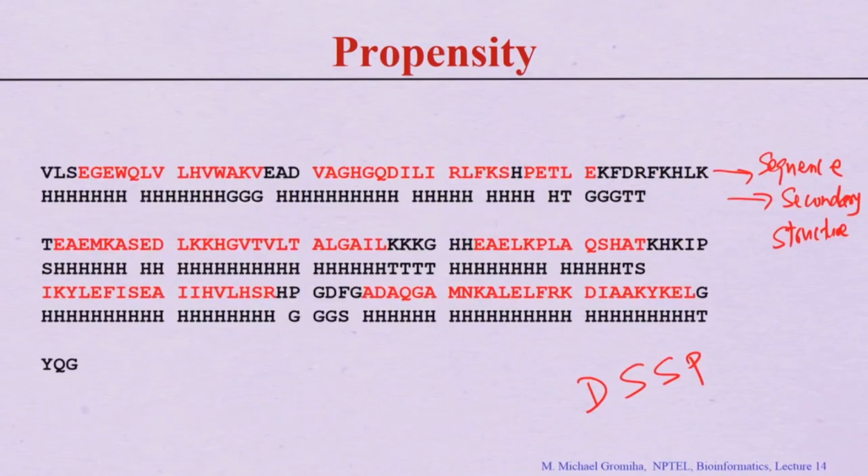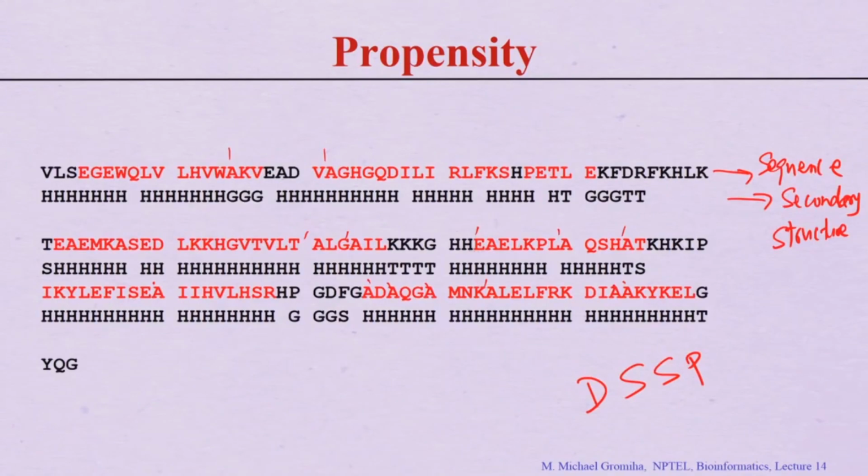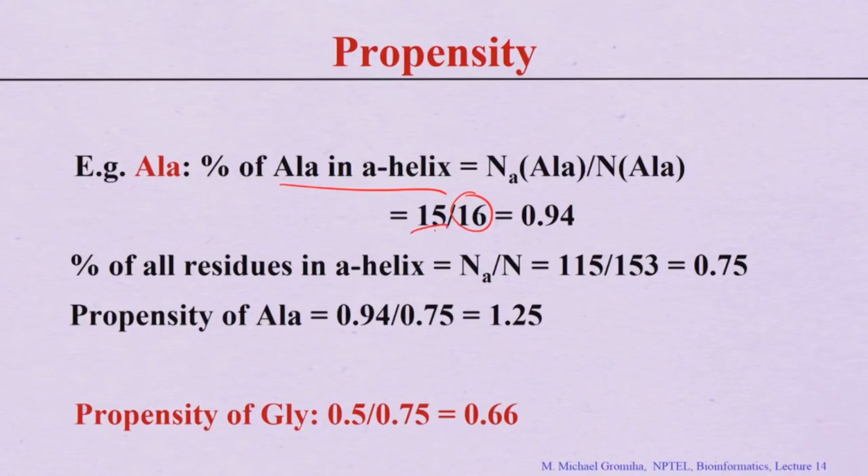How many alanines are here? Counting all the alanines: there are 16 alanines. Out of 16, how many are in alpha helix? If you see the red ones, they are 15 here. This one is not alpha helix, the others are alpha helix. So there are 15 in alpha helix, and you get 0.94.